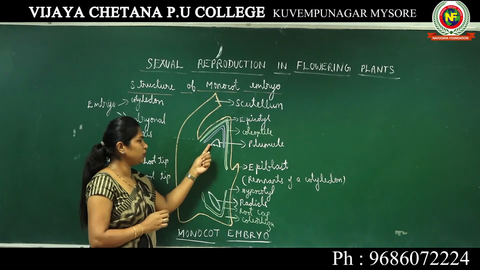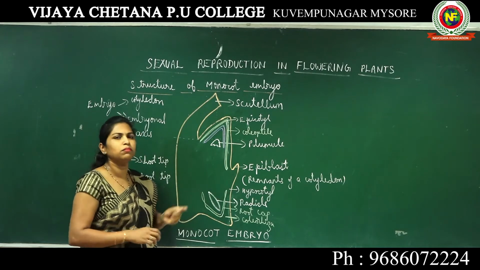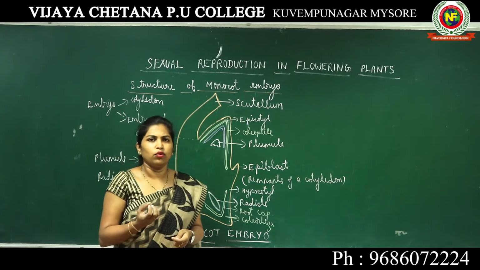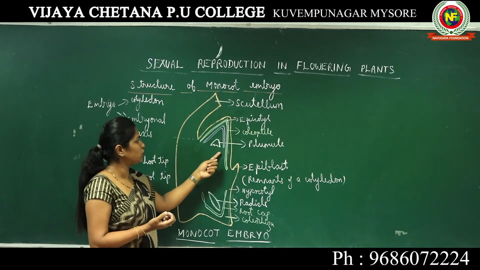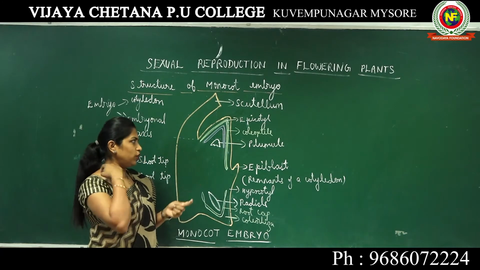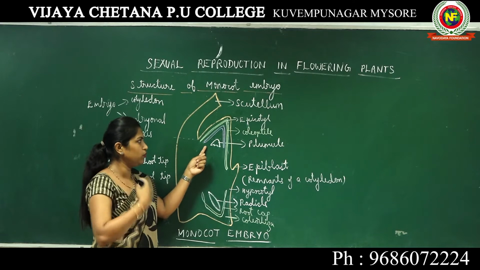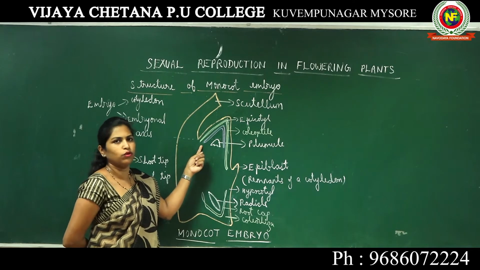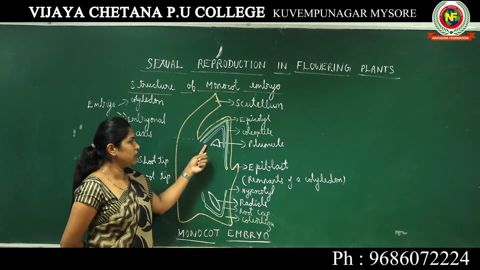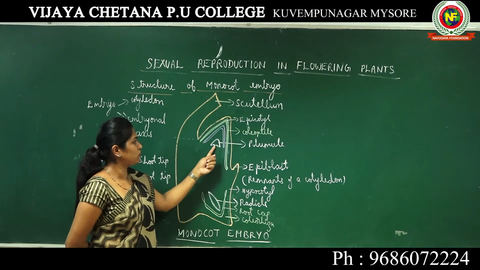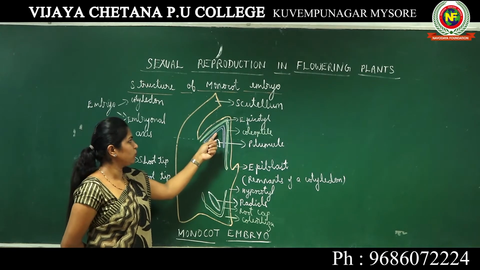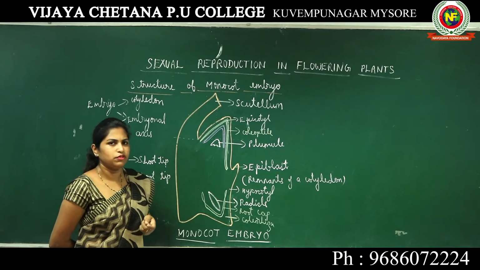Don't get confused with the plumule. They are nothing but some leaf primordia. They are the leaf primordia which will be enclosed within the coleoptile, because the leaf primordia are going to give rise to leaves in the future. They are in close association with the plumule and are also enclosed within the coleoptile.